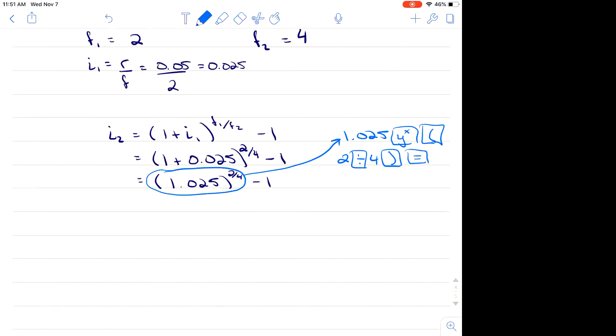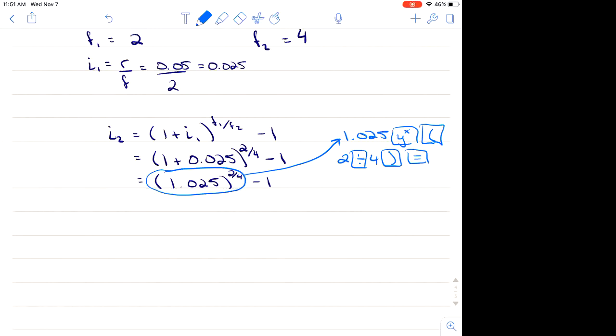And then equals, to the power of 2 divided by 4. Even if it is something as simple as 2 over... Pardon? Yeah, so in this case, it's easy enough to just do it in our heads.